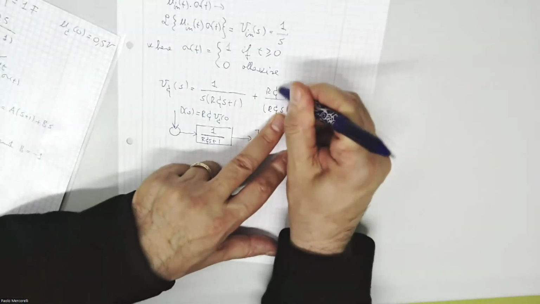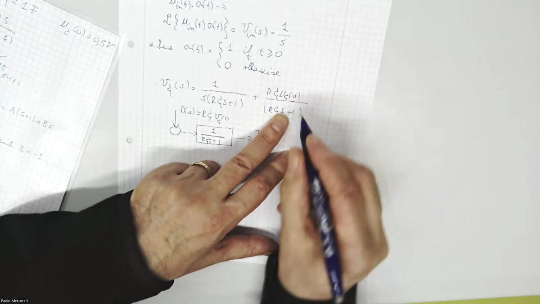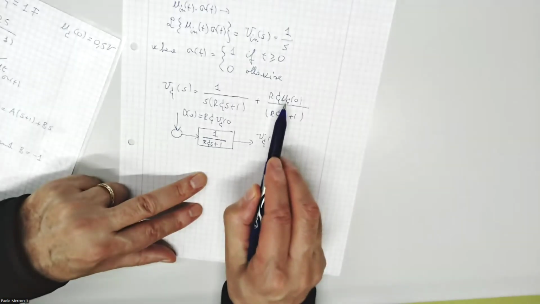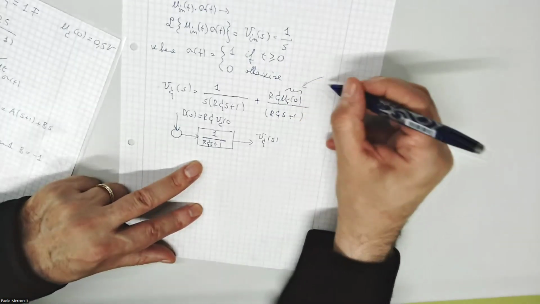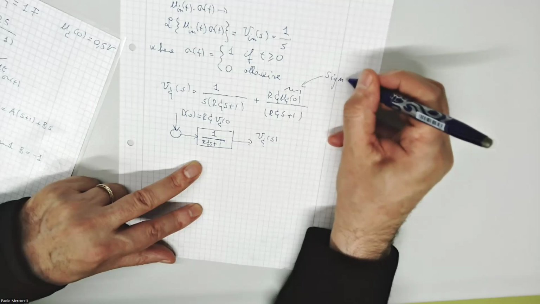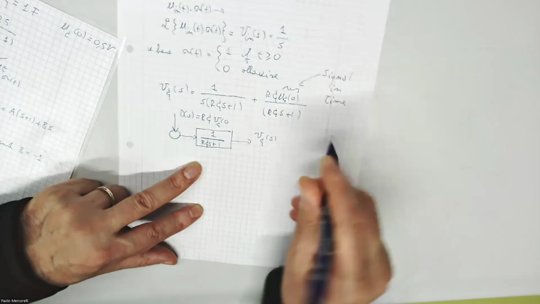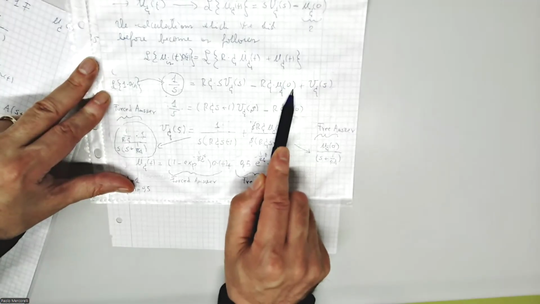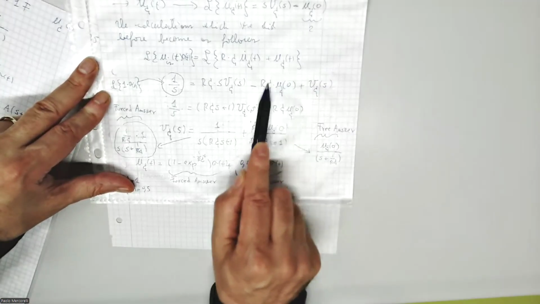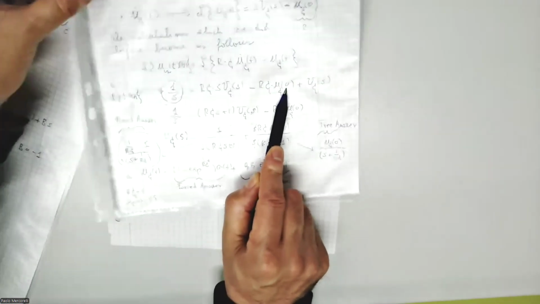You remember, it's the initial value of u in time. I told you this. You remember the theorem which we discussed together, in case we have an initial condition.